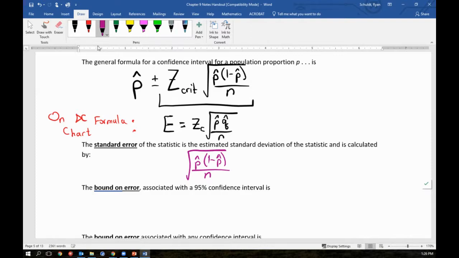So the other day we called this sigma p hat, didn't we? Is that supposed to say E equals E credit or C plus or minus? No, E equals. They call on the dual credit chart, they call that whole value E for error.